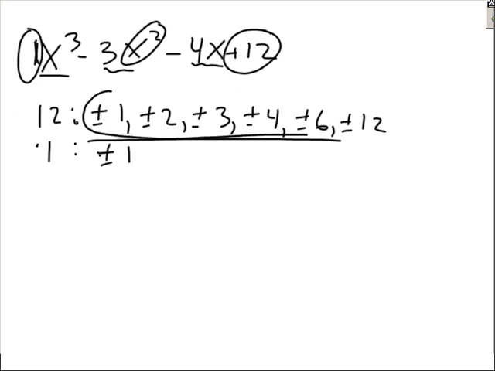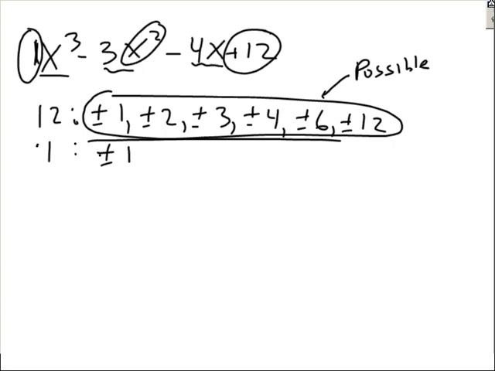So you divide all these numbers that I just circled by plus minus 1, and you get the same numbers. Those are the possible rational zeros or roots. There are 12 of them.